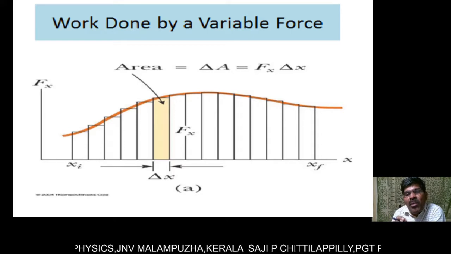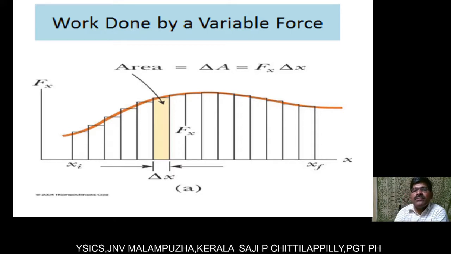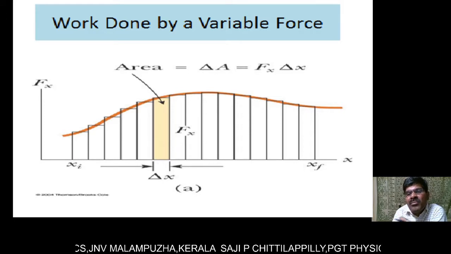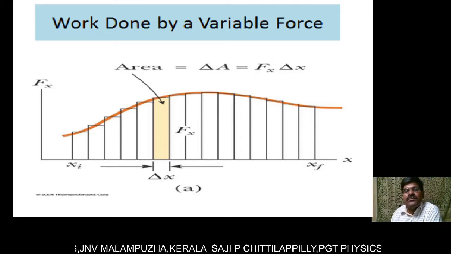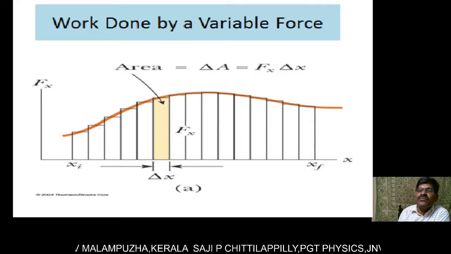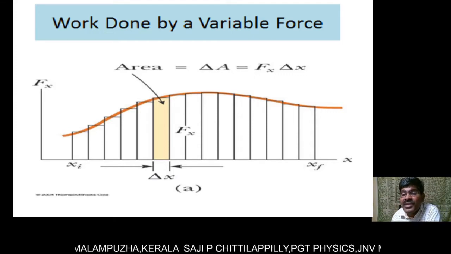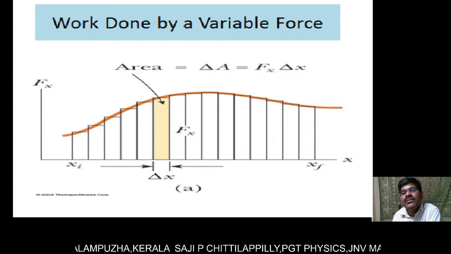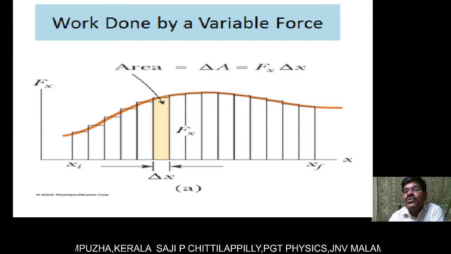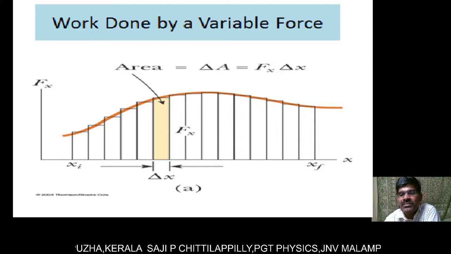And we make it into small pieces in such a way that each piece is almost similar to one rectangle. The area of that small piece, we can say delta A, is force into a small displacement delta x.